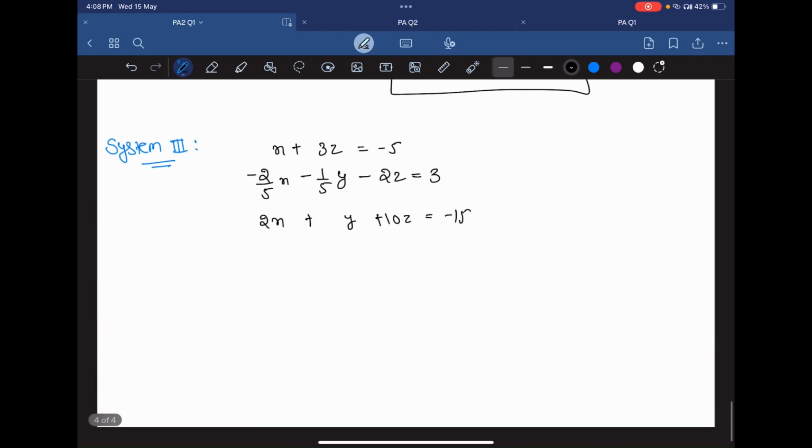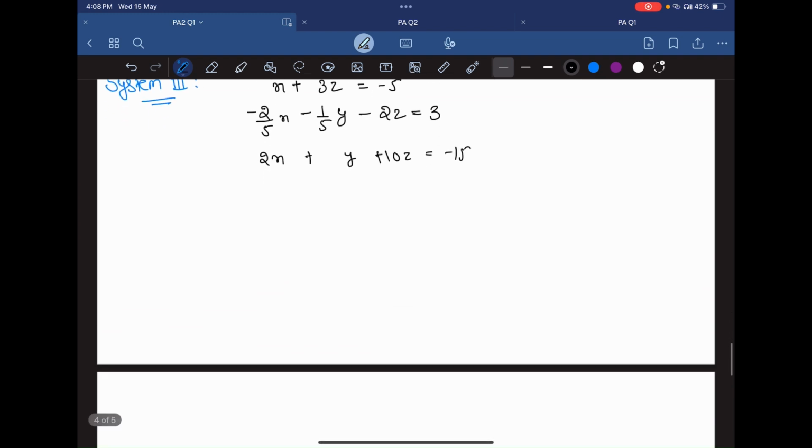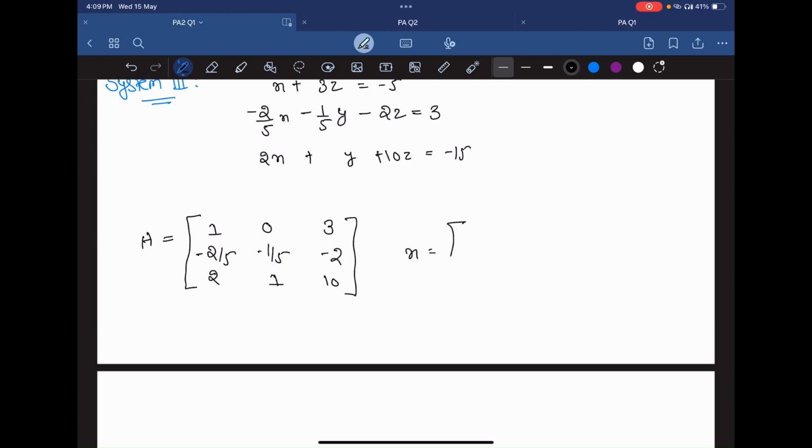Again, we will find the matrices A, X, and B. Matrix A would be 1, 0, 3, as the coefficient for y in the first linear equation is 0, then minus 2 by 5, minus 1 by 5, minus 2, and 2, 1, 10. Matrix X would be the same X, Y, Z, and matrix B would be minus 5, 3, minus 15.